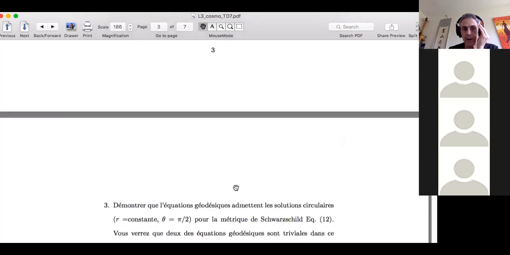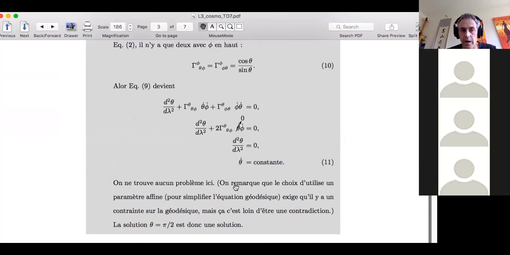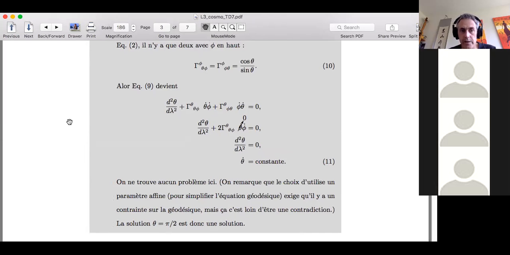I made a mistake here. This should be phi dot, or the second derivative of phi. I'm sorry, this should be with not theta upstairs, but phi. So this is all wrong. I better fix that.